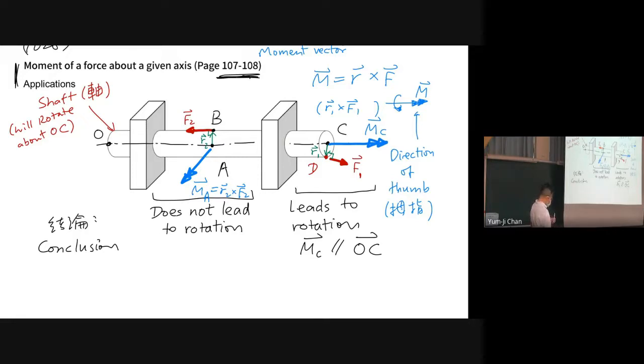And in the second case, there is no rotation, and if we look at the moment vector, MA is perpendicular to OC.